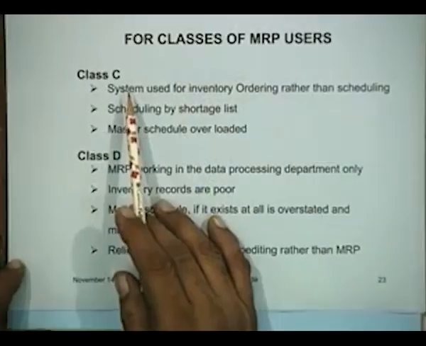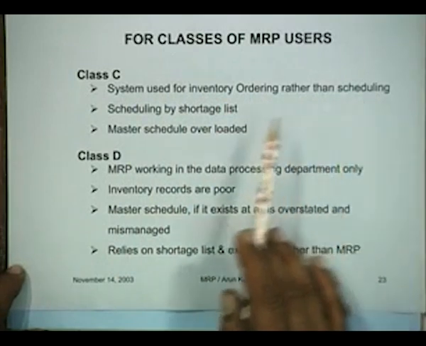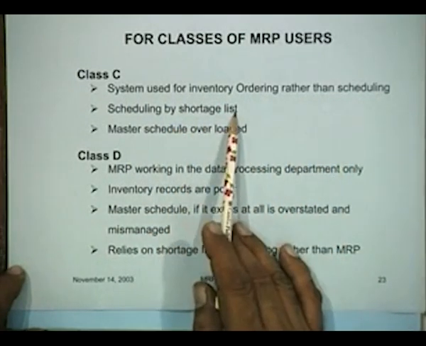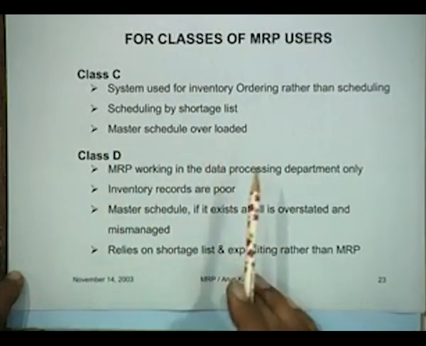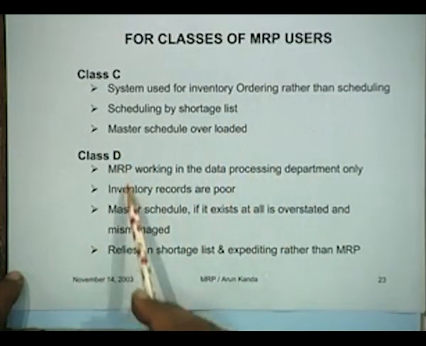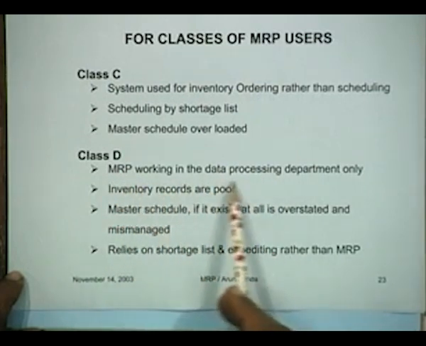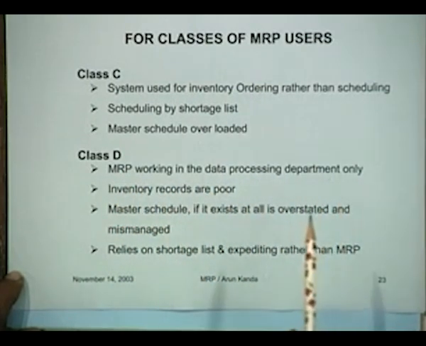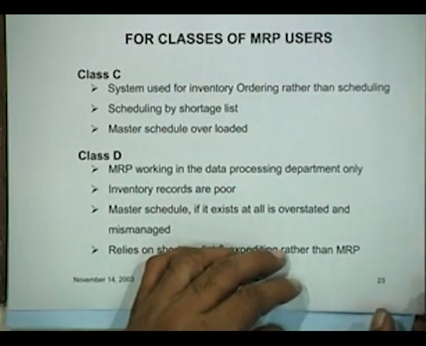Then class C would be a system used for inventory ordering rather than scheduling. Scheduling by shortage list, and master schedule would be overloaded. And similarly the class D user would be one who is just using the MRP system as a data processing department only. Inventory records are poor and you are relying on shortage lists and expediting rather than MRP.